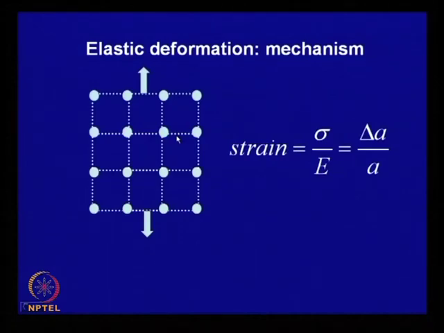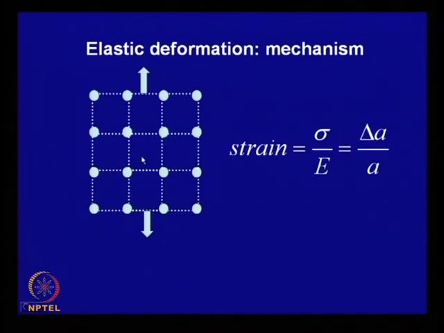So, basically you have strain in 2 directions. In the direction of tensile load there is an expansion, whereas perpendicular to that there is a little contraction. So, even though stress is uniaxial, you have strain in this direction as well as perpendicular to it.